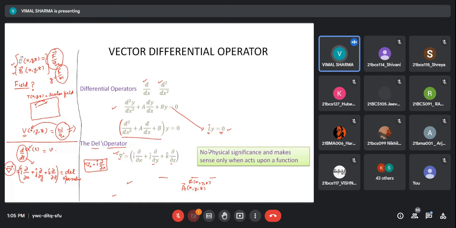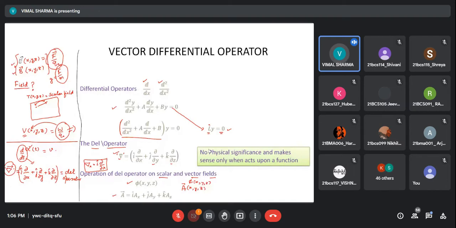And for that, we have developed this mathematics where we said that our del operator is a vector differential operator. As it is a vector differential operator, we can operate with it both on scalar fields as well as on vector fields.